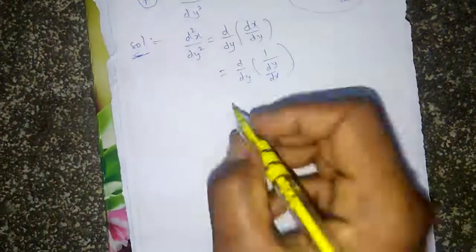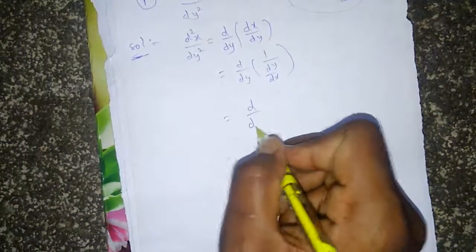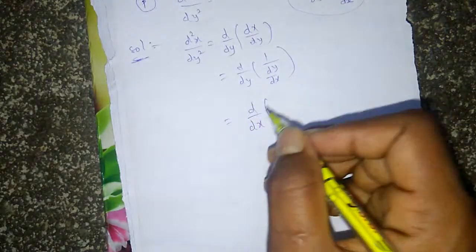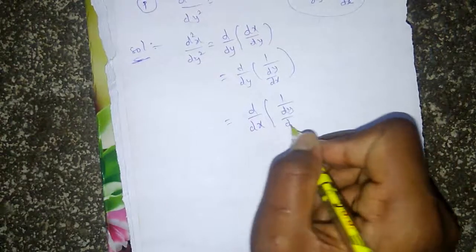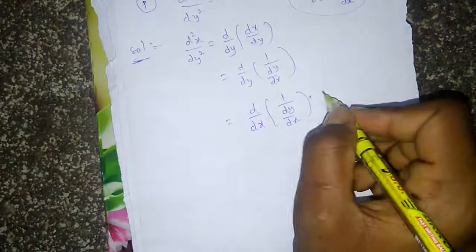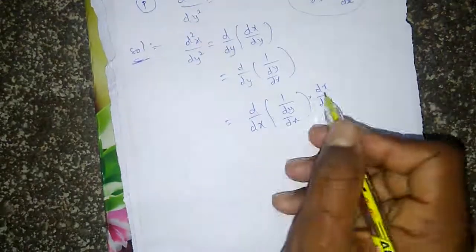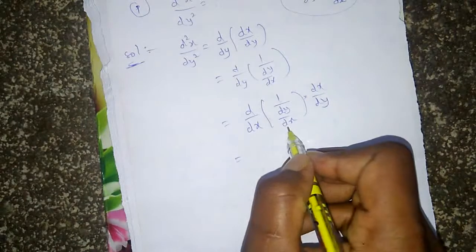Okay, now here we can use the chain rule. So first differentiate with respect to x. So I write d by dy as d by dx of 1 by dy by dx into dx by dy. So here we added an extra parameter x. Differentiation with respect to x, this is in the form of 1 by x.